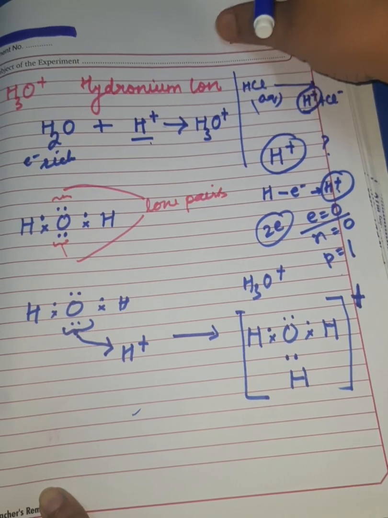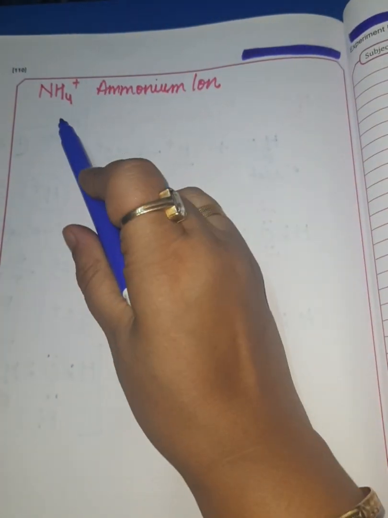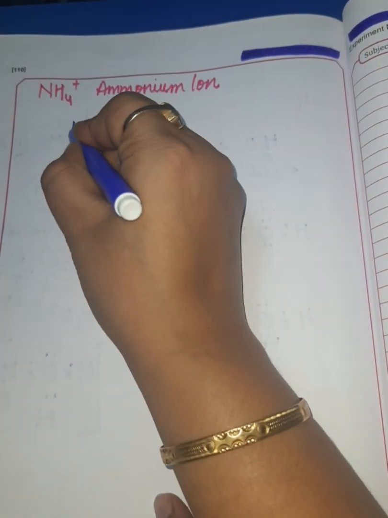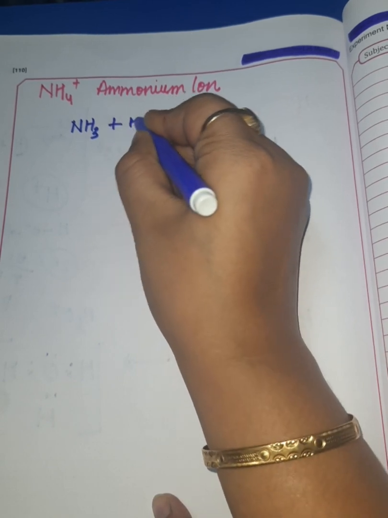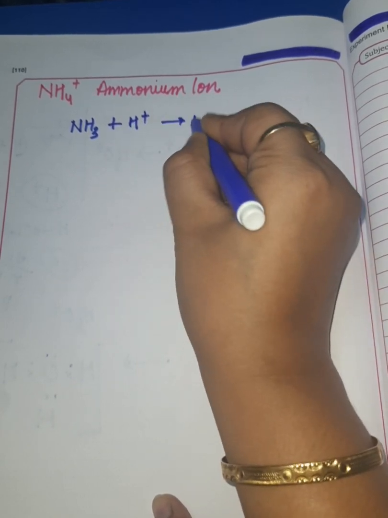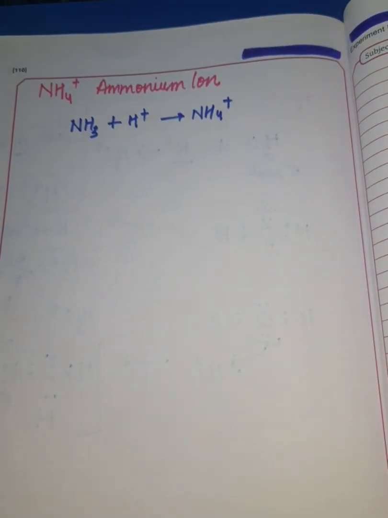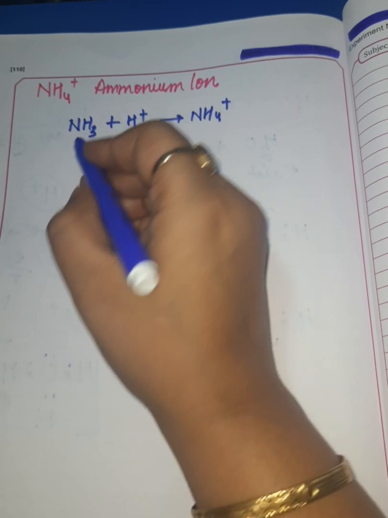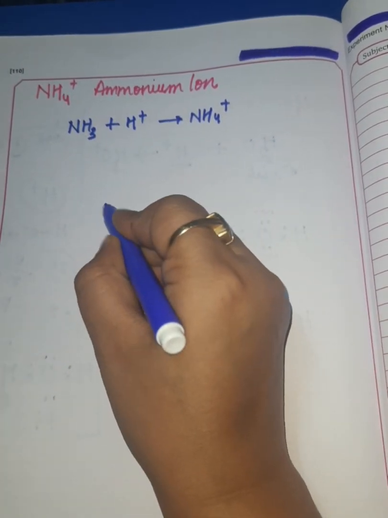Now let us see, my dear students, the electron dot structure of ammonium ion. This ammonium ion is formed when ammonia comes in contact with H plus. Now let us see the formation of ammonium ion via electron dot structure. I will first form the electron dot structure of ammonia. Just have a look here.